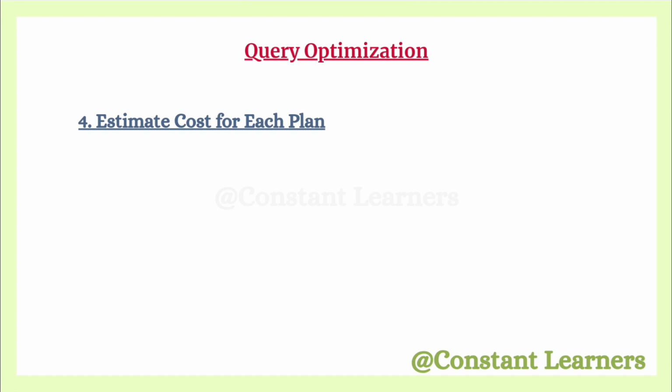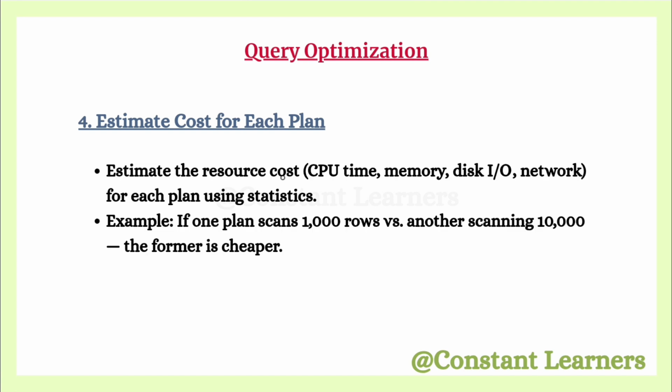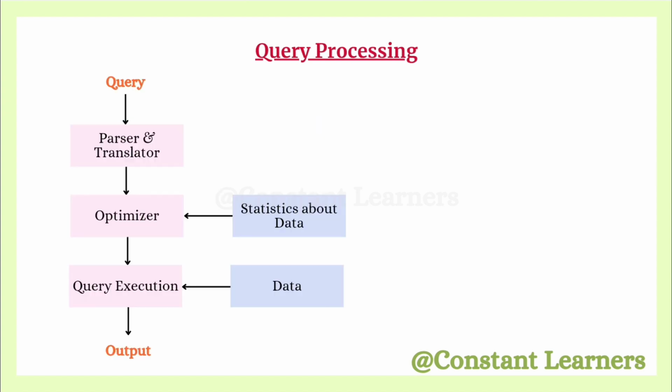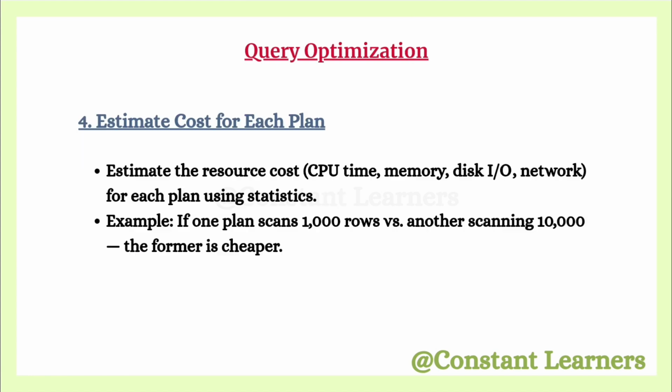Next step is to estimate the cost for each plan. Estimate the resource cost, that is CPU time, memory, disk I/O, network, for each plan using the statistics. As we discussed, the statistics are used by the optimizer to fetch the data. The optimizer uses the statistics about data to efficiently fetch the data from the database.